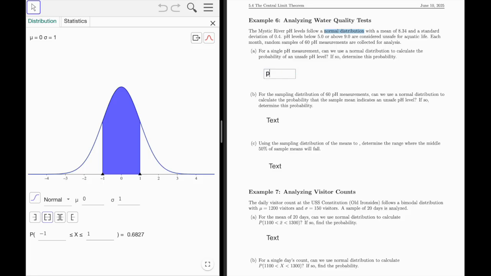Now, the notation is going to look like this. If the pH level is unsafe, that's when the pH level is less than 5 or the pH level is greater than 9. So these are the probabilities that we need to find.